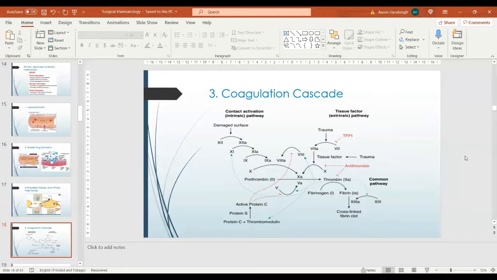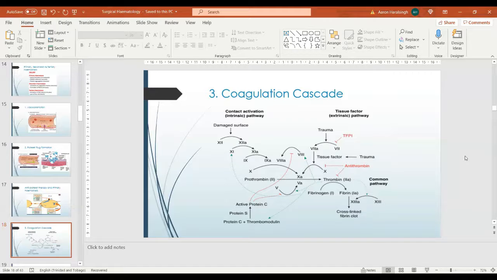So you will see, therefore, that it is the combination of the intrinsic and extrinsic pathway feeding down into thrombin, which helps to form the prothrombin activator. And then the last two stages are both parts of the common pathway as well.